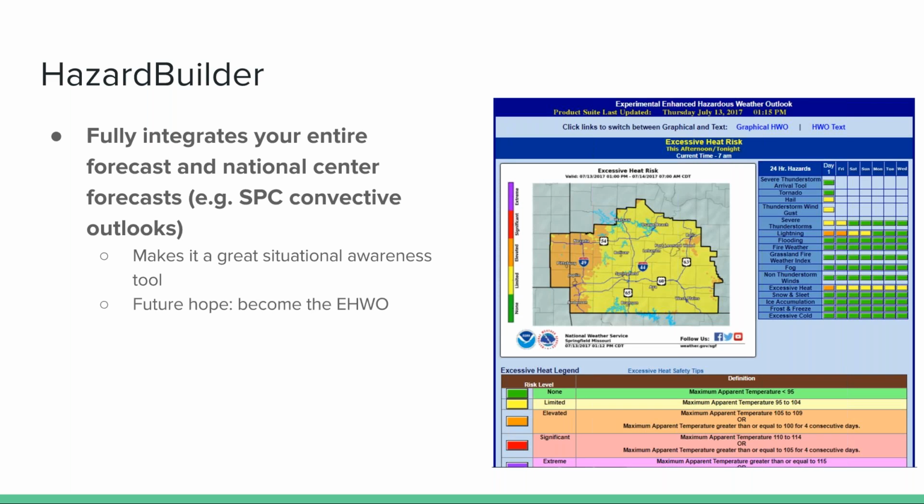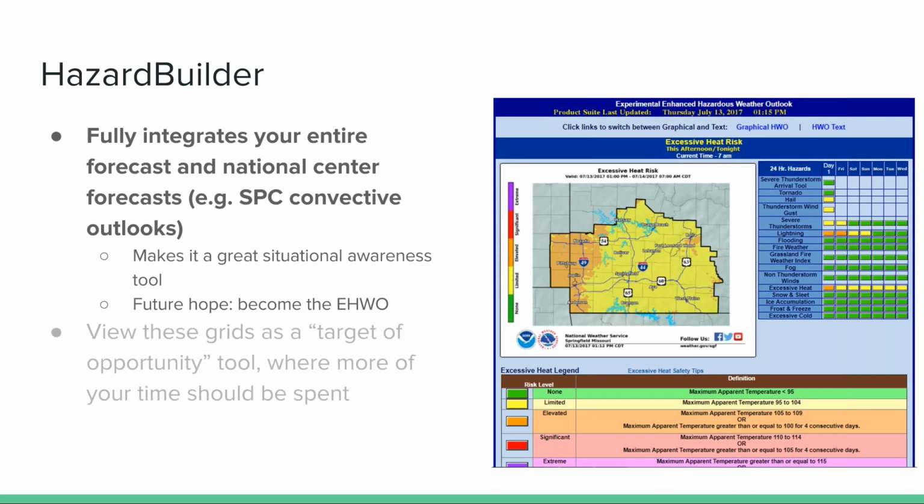The future hope is it will become the EHWO, and this is why the latest tech order that went out allowed offices that are currently using the EHWO to replace that with Hazard Builder. You can also view these Hazard Builder grids as a target of opportunity tool to help you identify where more of your time should be spent.